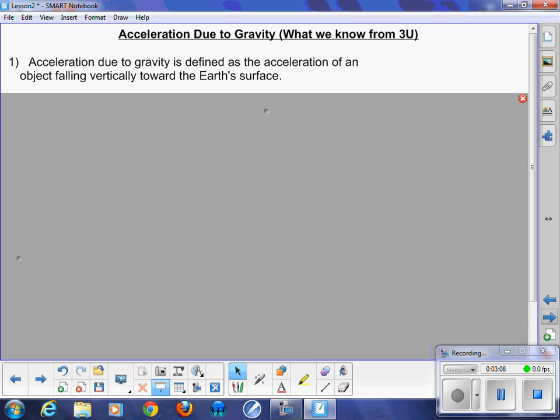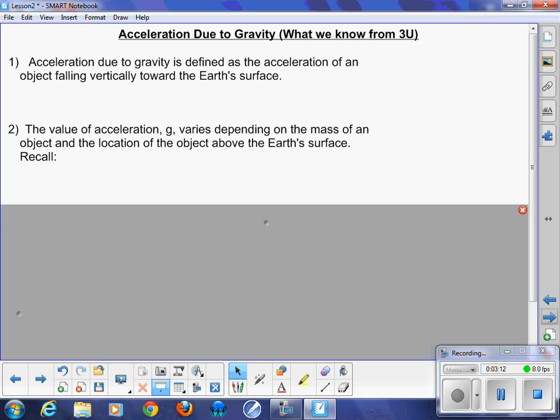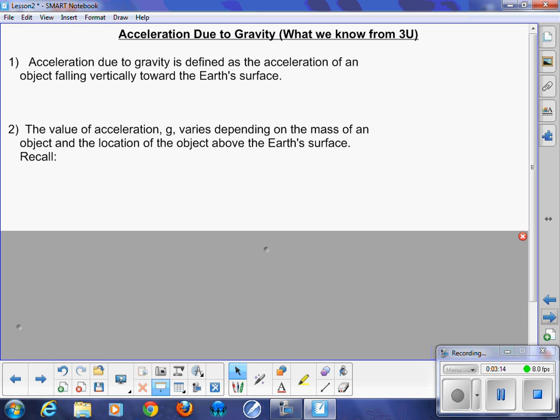All right, so that is point 1. Point 2, move this down a little bit. The value of acceleration, g, I'm going to put an arrowhead on top of that, g, varies depending on the mass of the object and the location of the object above the Earth's surface.